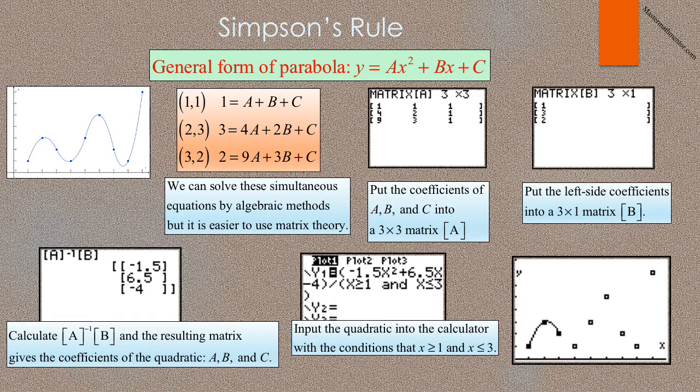Assuming our points have been put into the calculator and we have indicated that we wish to graph them, we can use a zoom 9 to show the points, and we'll then get the resulting equation graphed between 1 and 3. And we can see visually that this is correct.